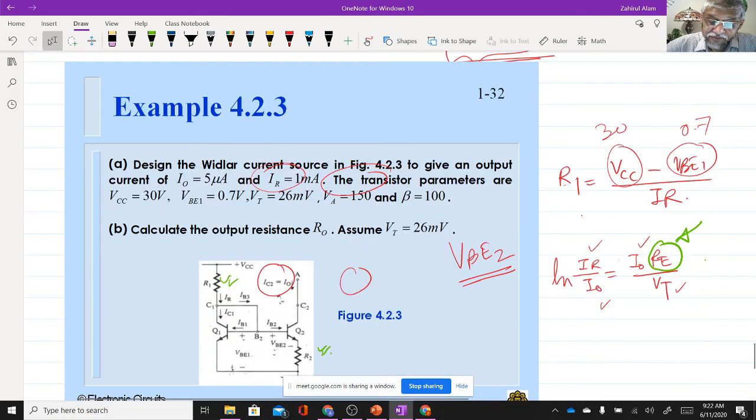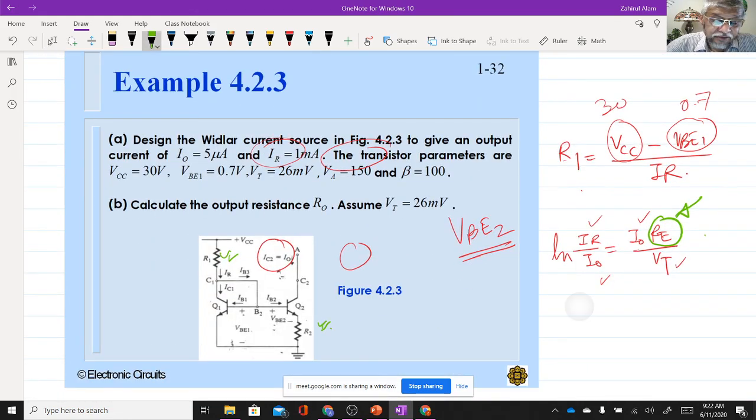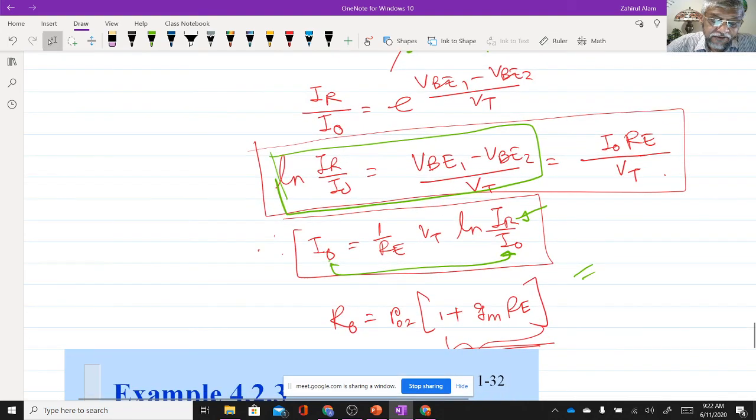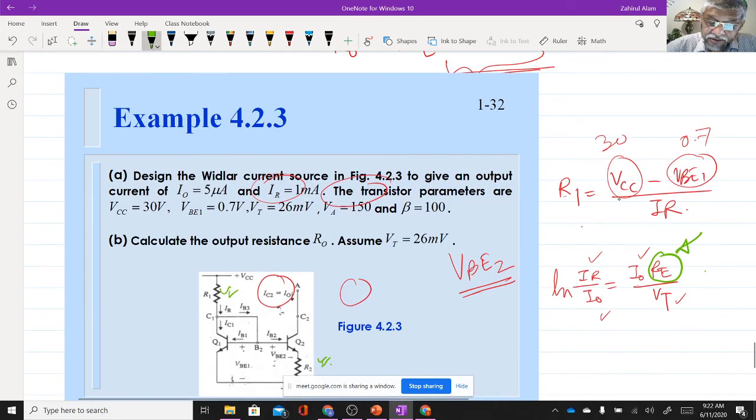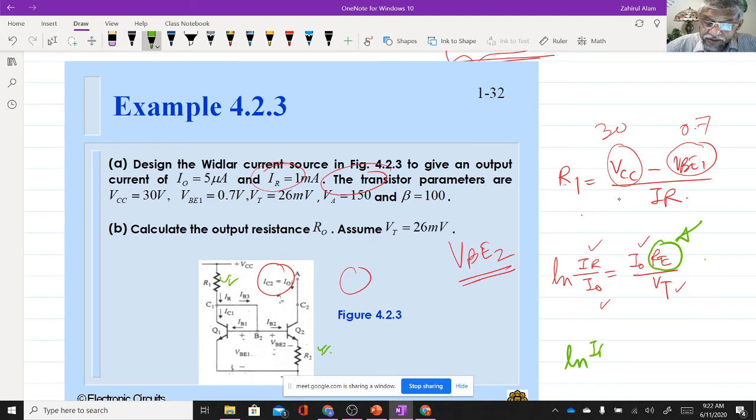So how can we solve? If you look at this equation, ln of IR divided by I naught equals VBE1 minus VBE2 divided by VT. Is it right?